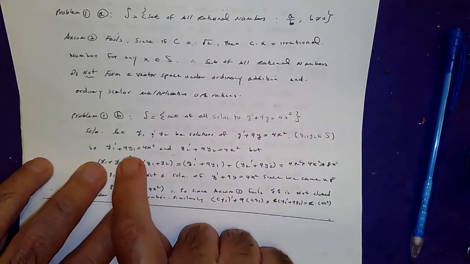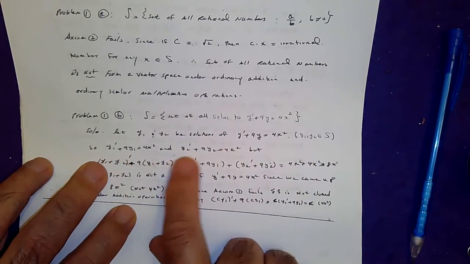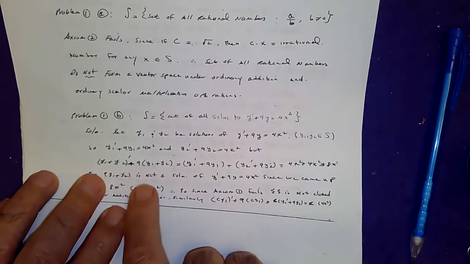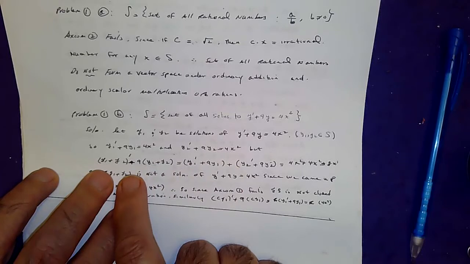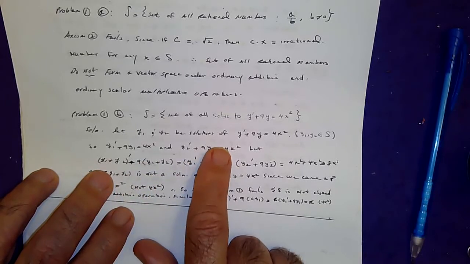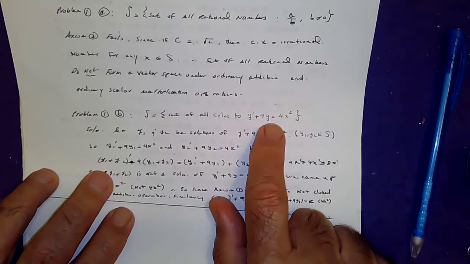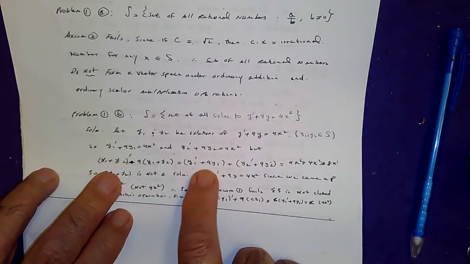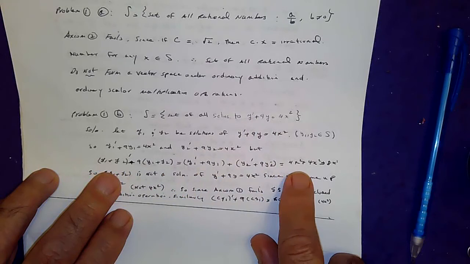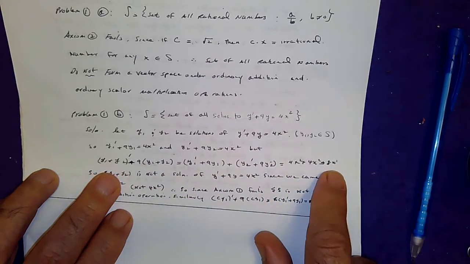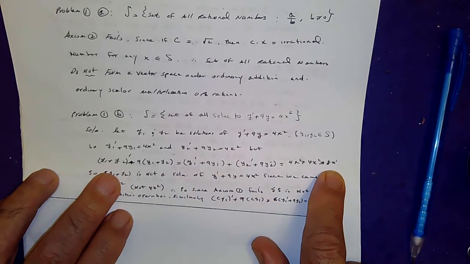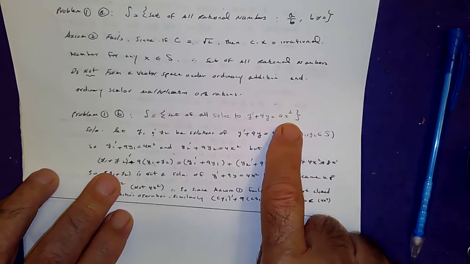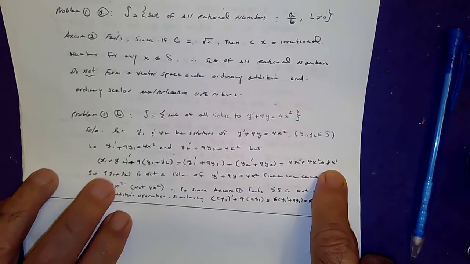Because they're solutions, they have to satisfy the given differential equation. However, axiom number 1 says the sum of these solutions is also a solution. When you replace these y's with y1 plus y2 and go through the manipulation, at the end of the day you're going to get 4x squared plus 4x squared, which is 8x squared, which is not the same as what we had, which was 4x squared.